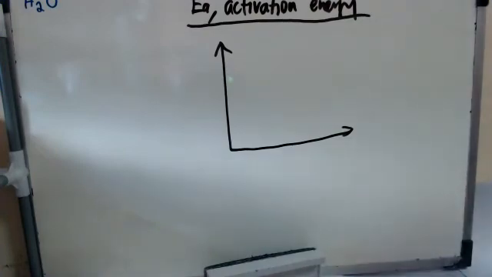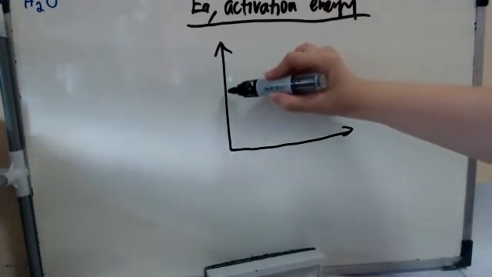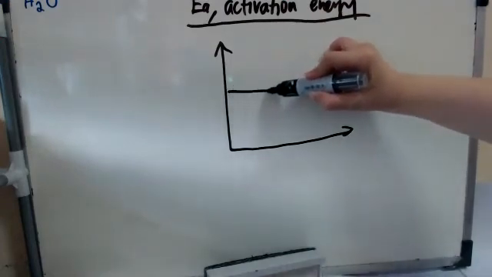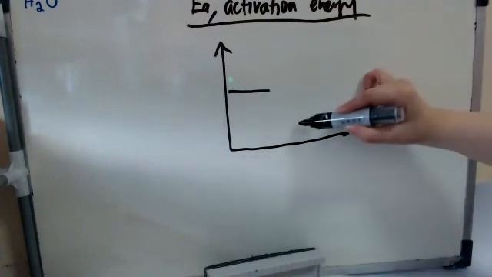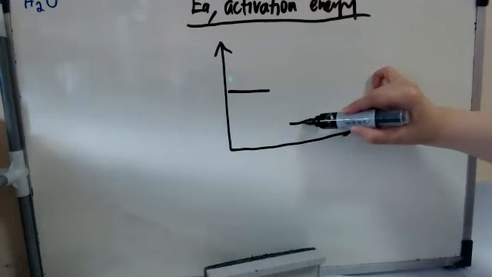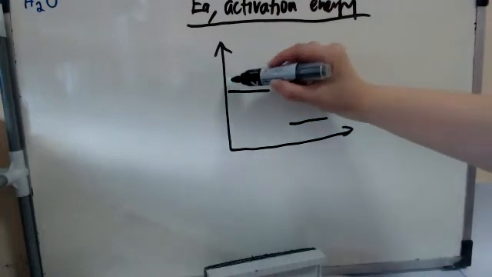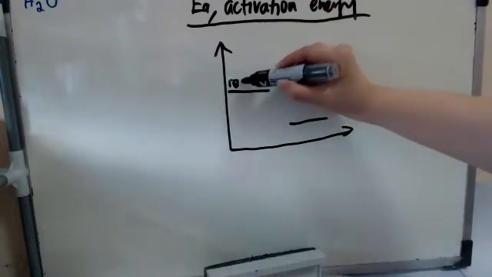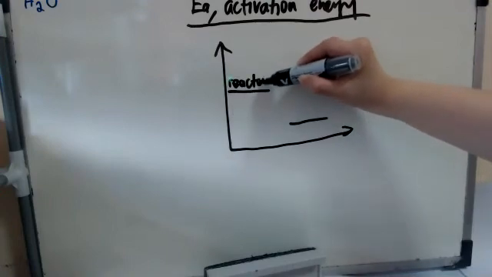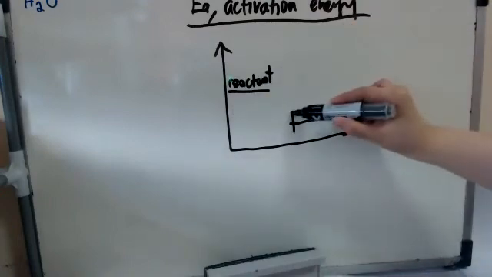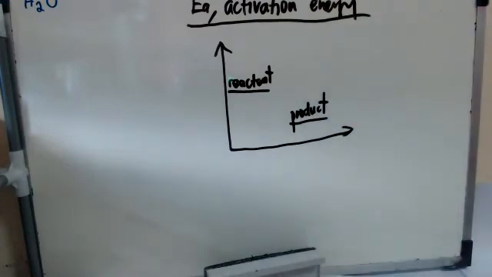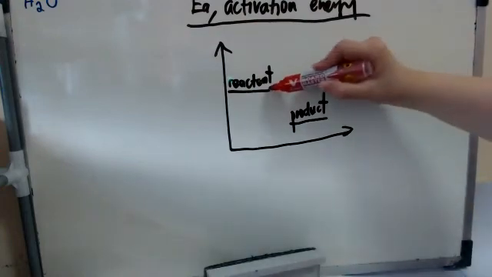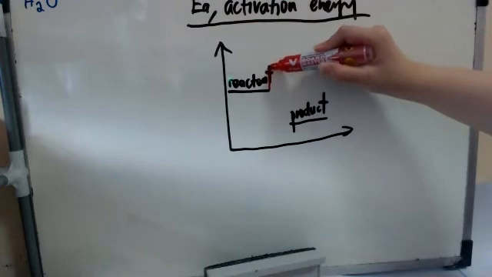So you can think of it this way. I have a starting material. This starting material has this amount of energy. The product has this amount of energy. This is the starting material, we also call it the reactant. This is the product. In order to start the reaction, there is a certain amount of energy needed.